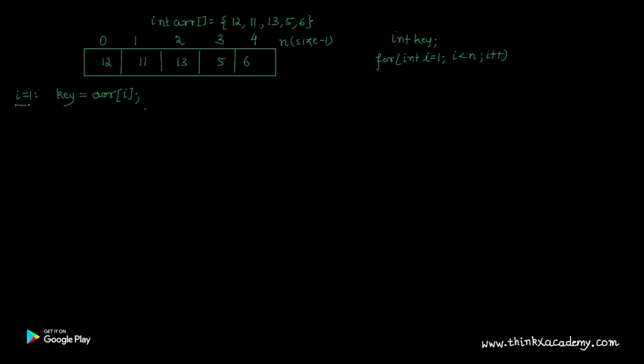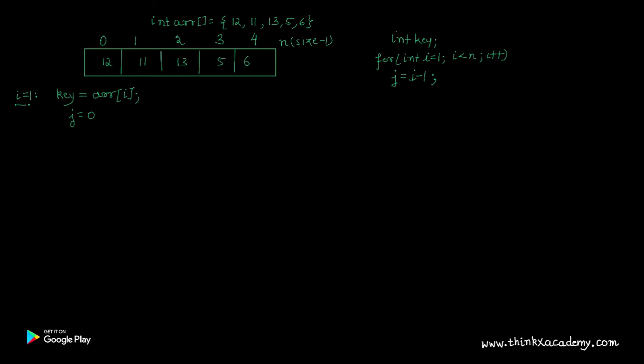Next, we are going to assign the value of j equals i minus 1. The reason behind this is that we know i is equal to 1 in the first pass, so the value of j will be i minus 1, which is 0.